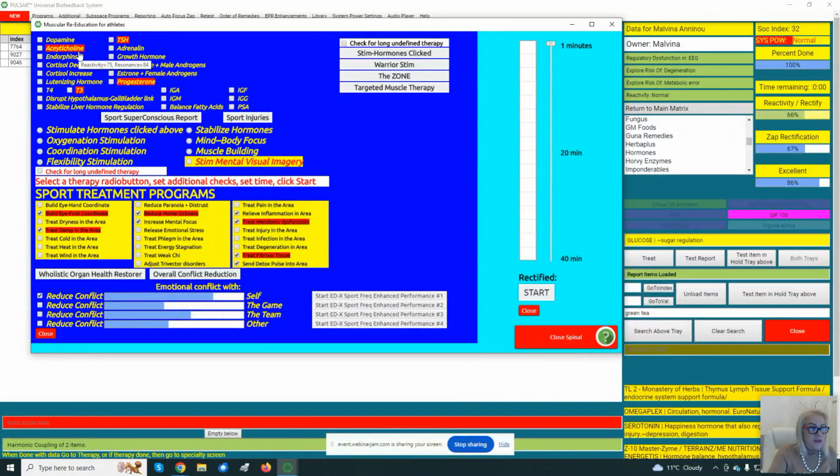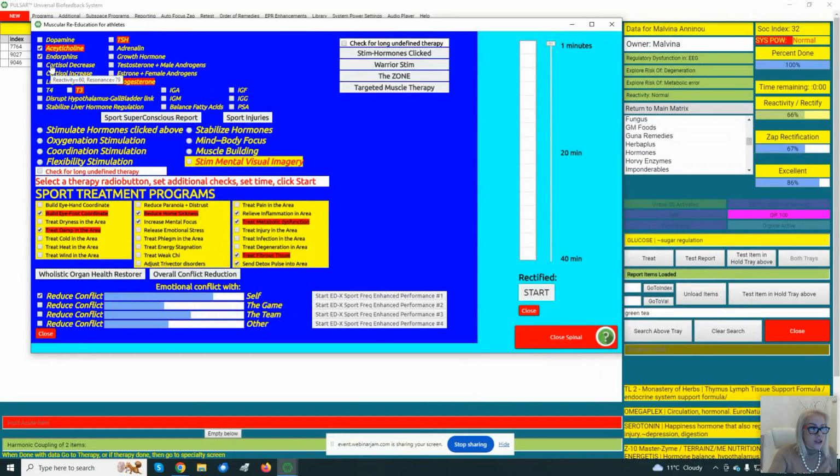Acetylcholine for the digestive system, and there the T3 for the thyroid as well. So you can also see the other reactions as you toggle your cursor on top of each hormone and what's going on. So you can check which hormones you want to work on and stabilize your hormones.